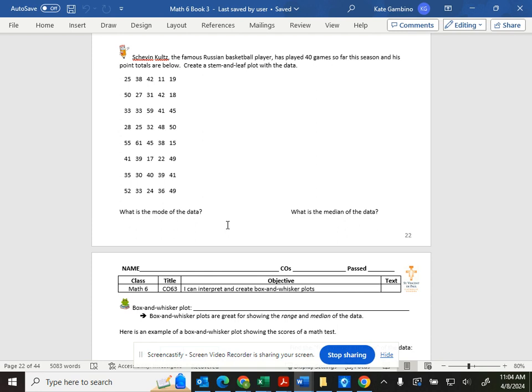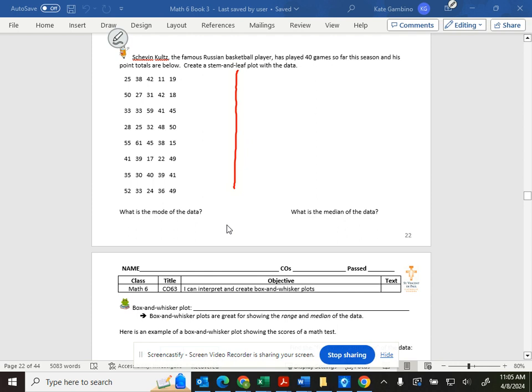So to make a stem and leaf plot, we want to draw our line. We're going to put just the last digit of our number on the right. The first digits go on the left as our stem. So what numbers do you think I want to put as my stems?